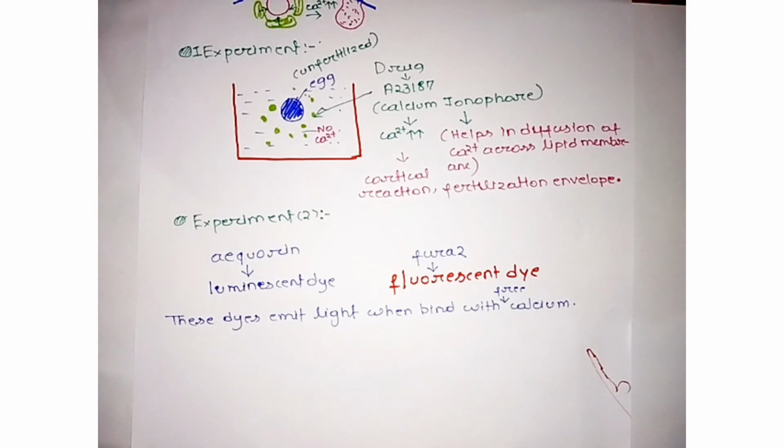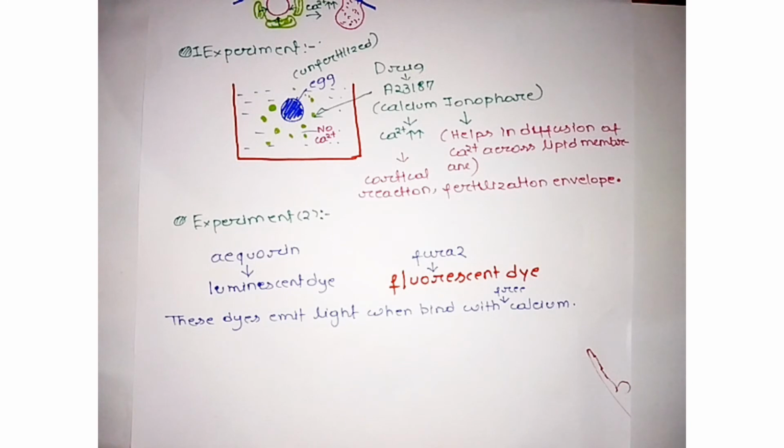So we can easily conclude from this experiment that the calcium released during fertilization is intracellular storage calcium ions, and these calcium ions are released during sperm fusion with the egg cell membrane.